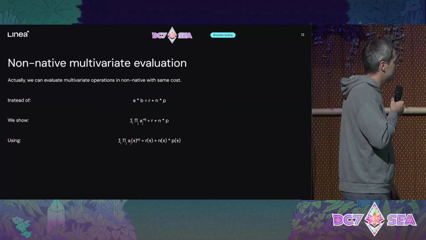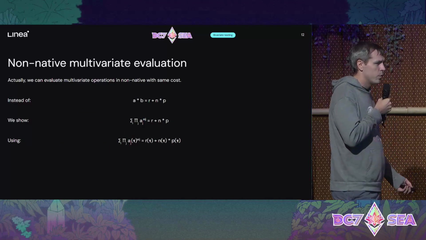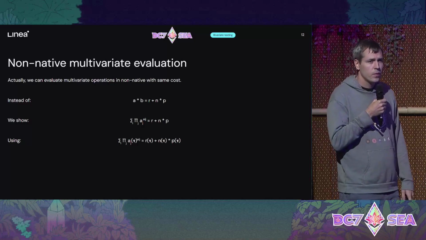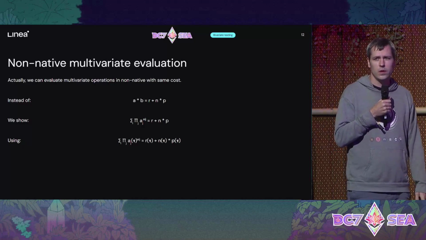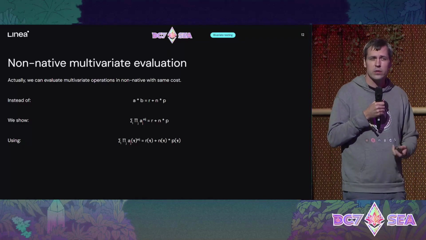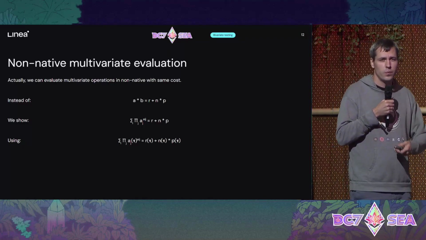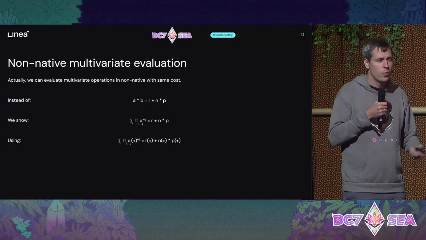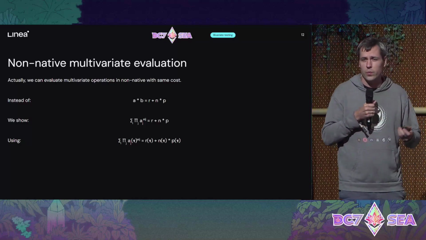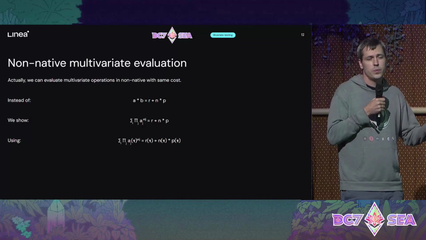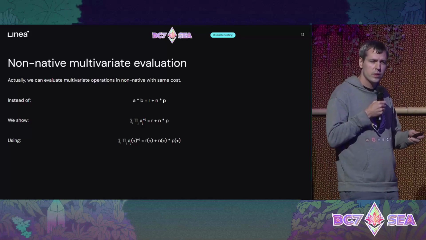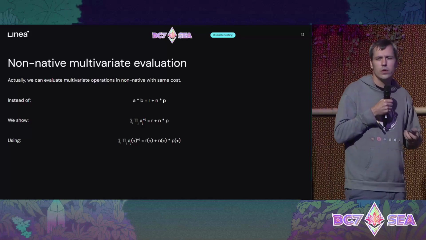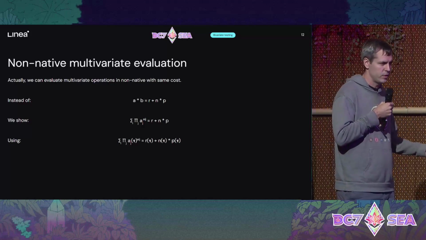And actually, we can improve it very simply, I would say. If instead of the multiplication in non-native, we want to evaluate something more complex, some multivariate evaluation, where instead of multiplication we have, let's say, a times b plus c times d plus e times f and so on. So we have something more complex. Then we see that actually we don't need to compute all the intermediate results.